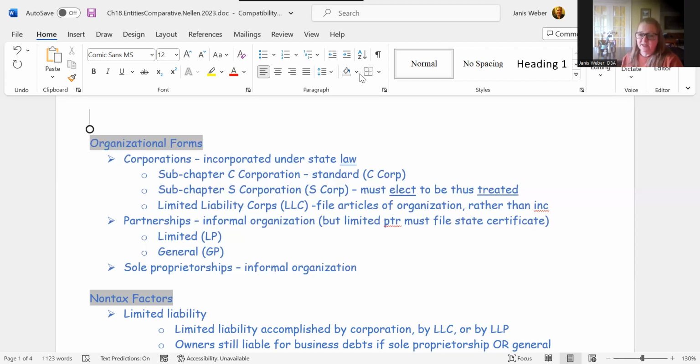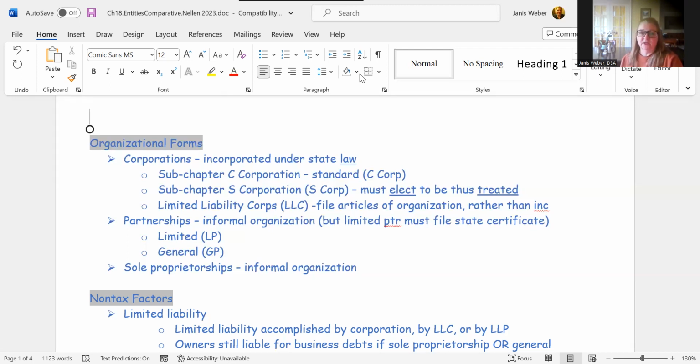If you want to be a limited partner, though, you have to file the state form to be recognized as an LLP. So it can be a partnership, a limited partnership (LP), an LLC, or an LLP, meaning limited liability partnership or limited liability company. All of those are treated like partnerships for taxation purposes.